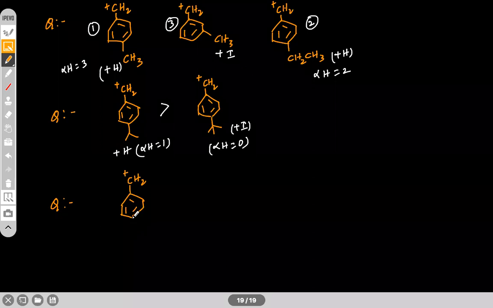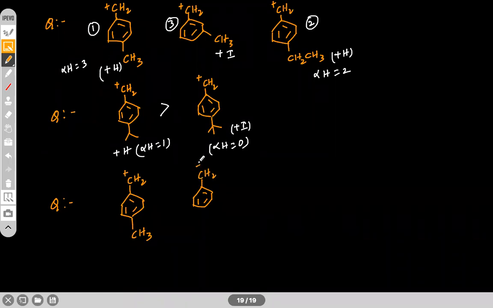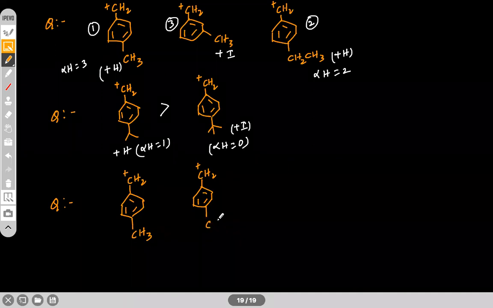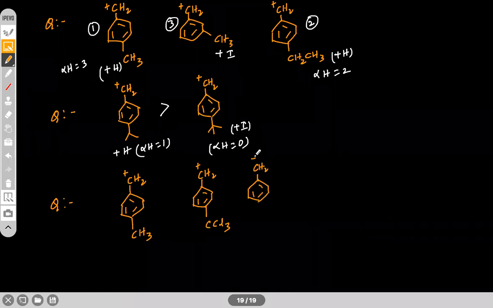CH2 positive. Here we have CH3. Wait, I'll check the first question. Let me write this down. CCl3. In the first one we have alpha hydrogen. No, here it is at the meta position, hyperconjugation is not possible.